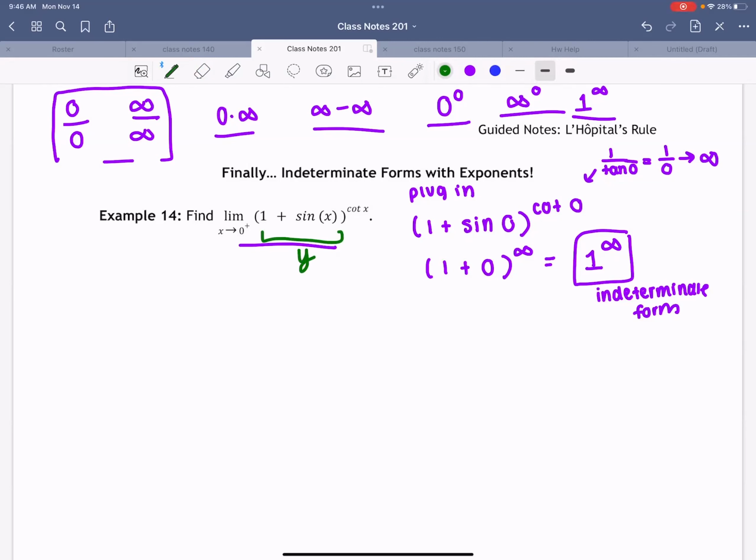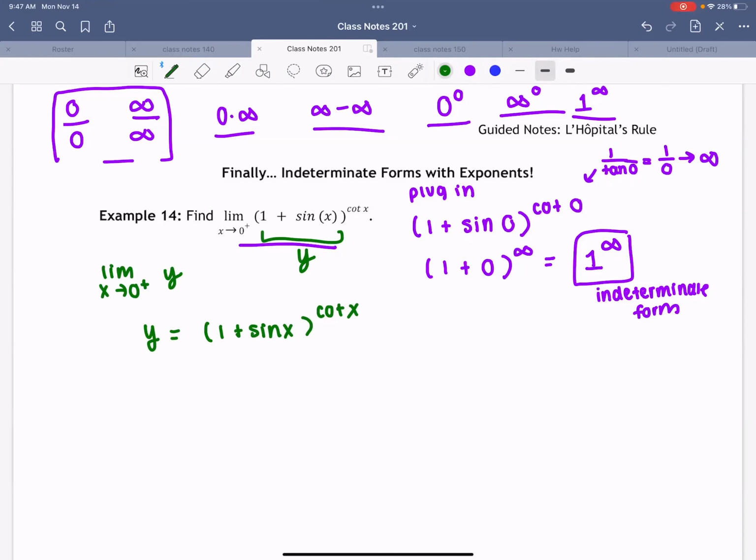So let y equal 1 plus sine of x to the cotangent of x. Essentially we want to find the limit as x goes to 0 of y, right? So I'm just replacing the inside with y.